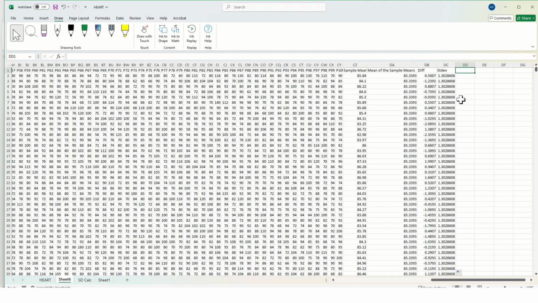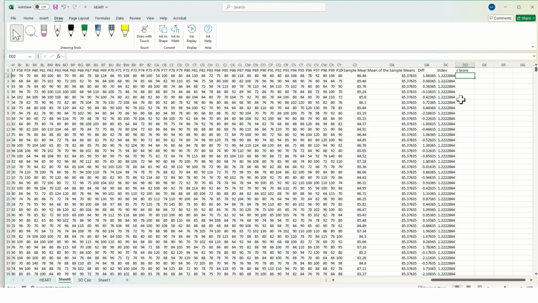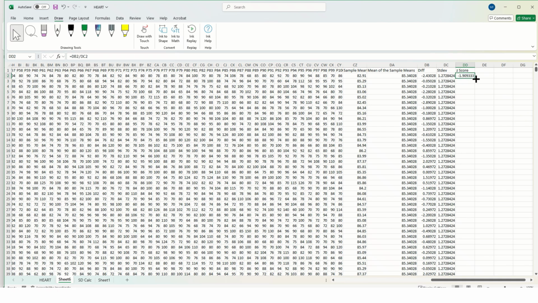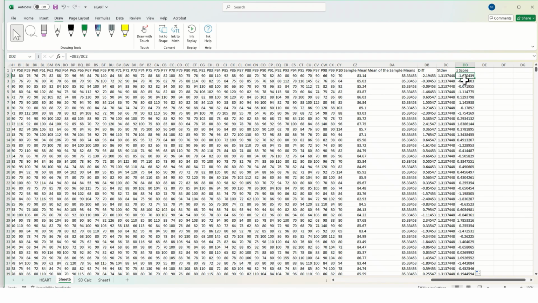The z-score is the difference divided by the standard deviation. So it is saying that the first value is 1.7 standard deviations below the mean, and the second value is 0.23 standard deviations below the mean.